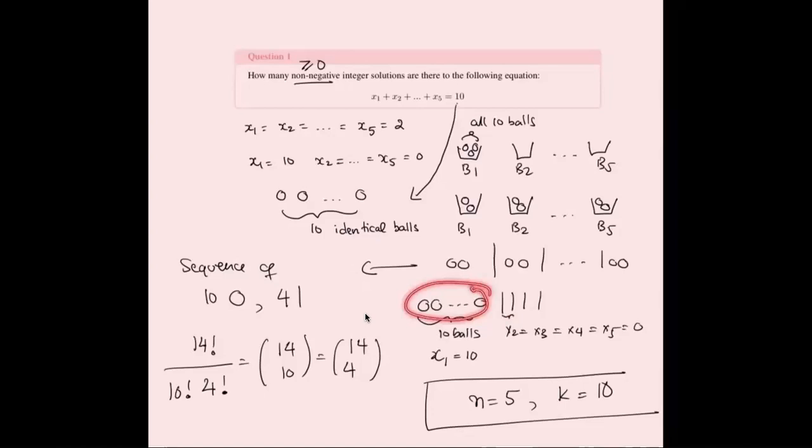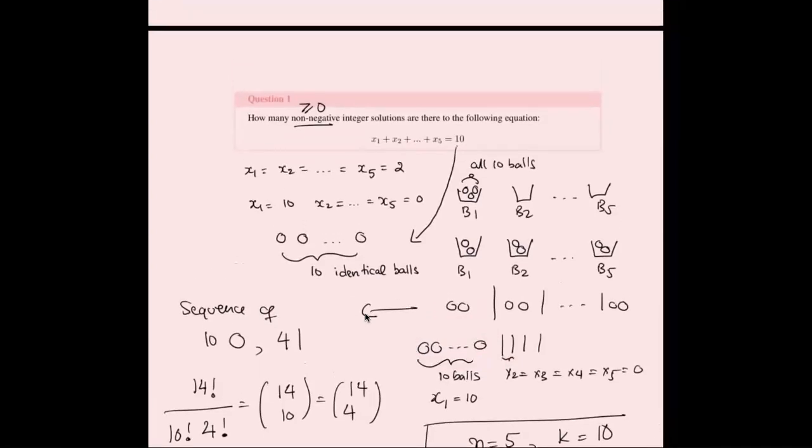So you have 10 objects that come from the balls, and then you have 4 dividers to distinguish. Okay, I get it. But then wouldn't there be a 5 included somewhere because there are 5 bins? You have 5 bins, but it means that you have 4 dividers, right? Oh, okay, I get it. Thank you.